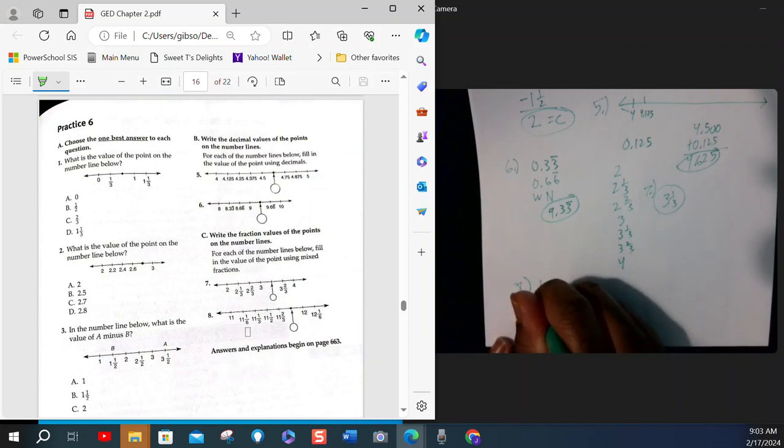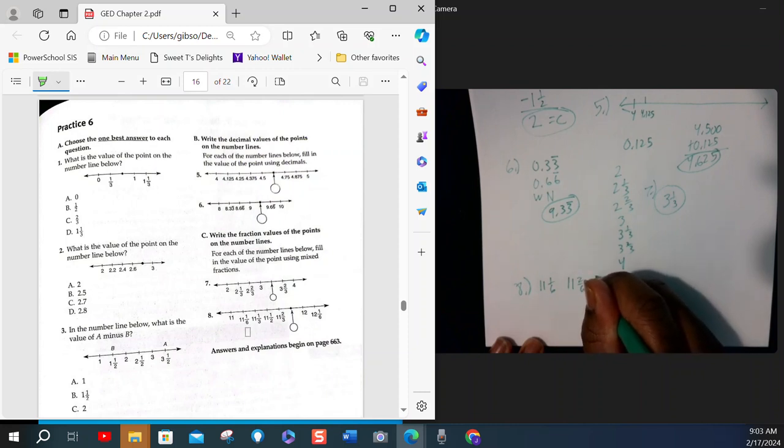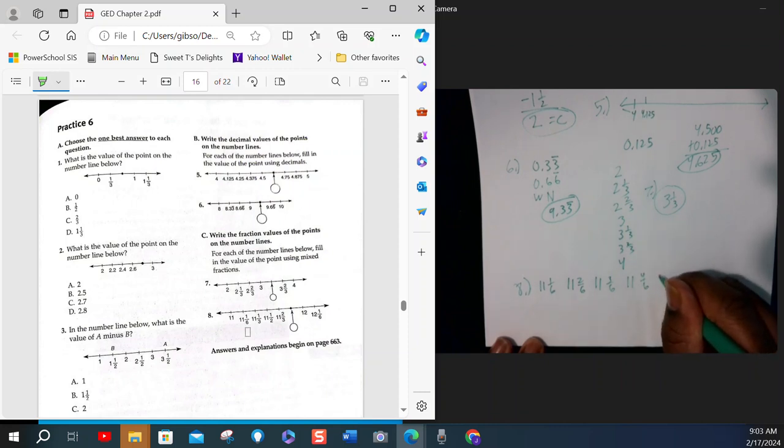So it's basically 11 1/6, 11 2/6, 11 3/6, 11 4/6, and then we will have our whole number. No, I'm sorry, 11 5/6. We had 11 5/6, and then we will have our whole number.